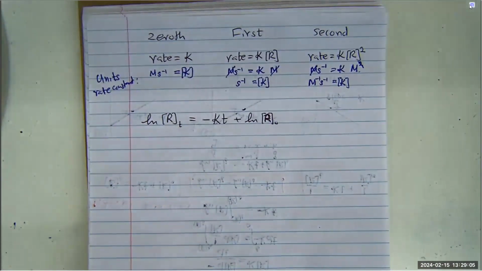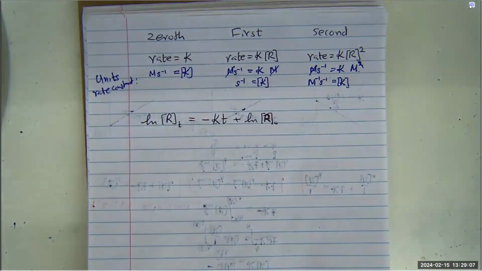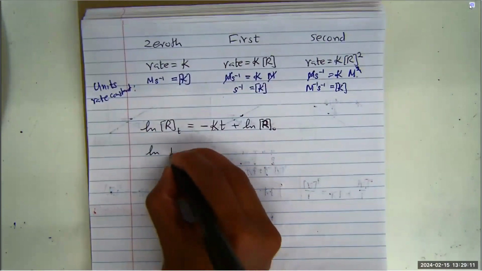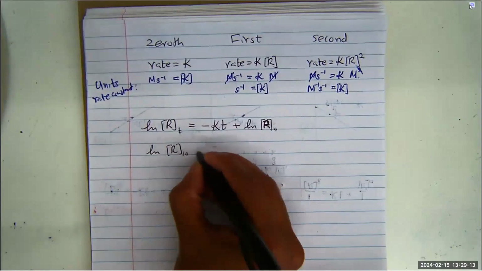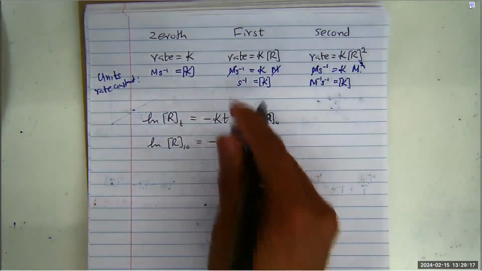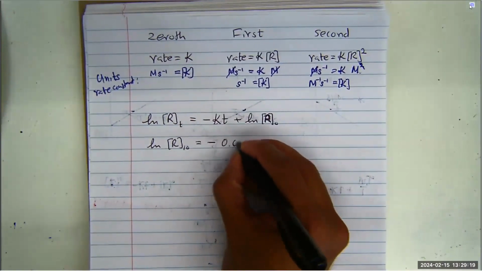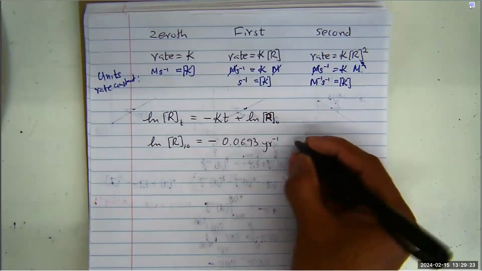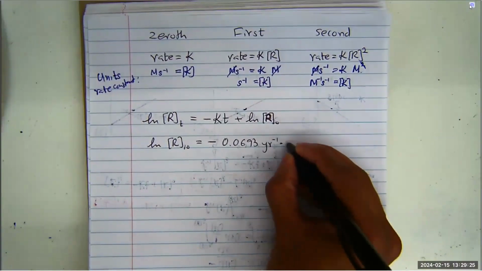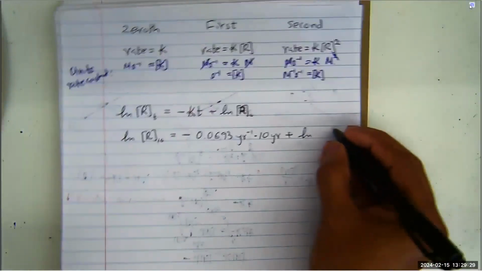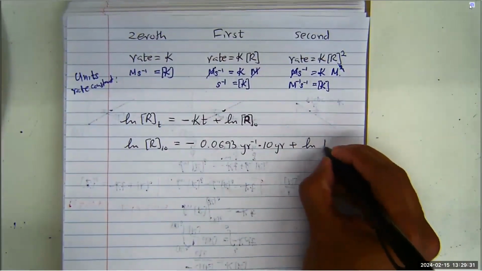This is it. Okay. And we know ln at 10 years is what they are asking. That should be equal to negative the rate constant, which was 0.0693 per year, times the time, which was 10 years, plus the natural log of R naught, which is 1 millimolar.